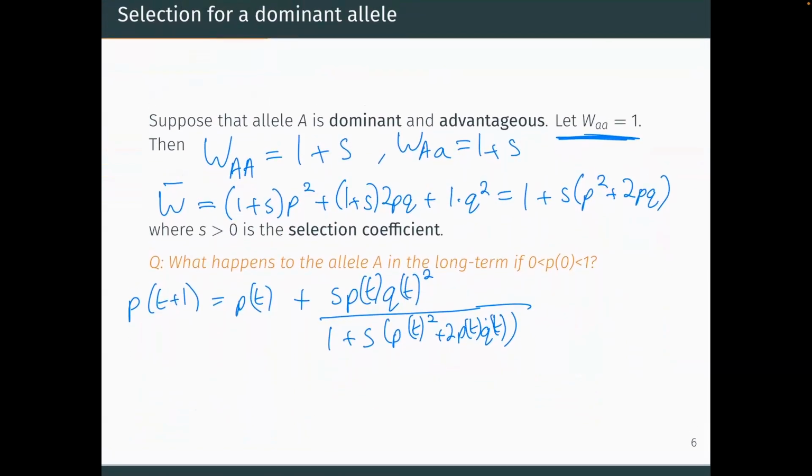Okay, so what can this tell us then? Well, all the terms here are positive, right? So s, we're assuming, is a positive selection coefficient. Everything here is positive. That means that, since s is positive, the second term, the fraction, is positive.